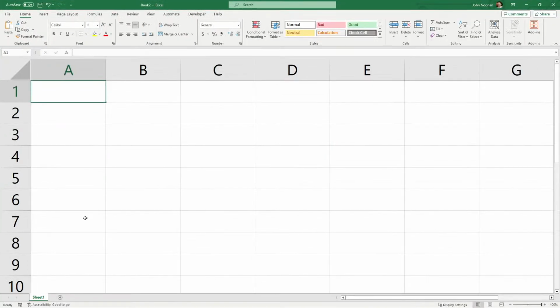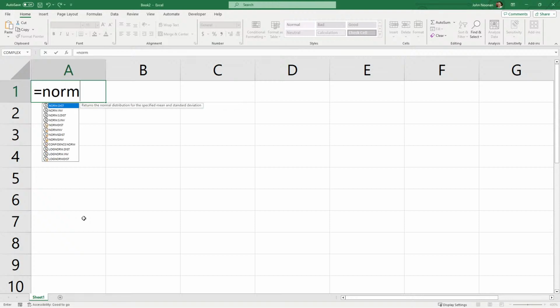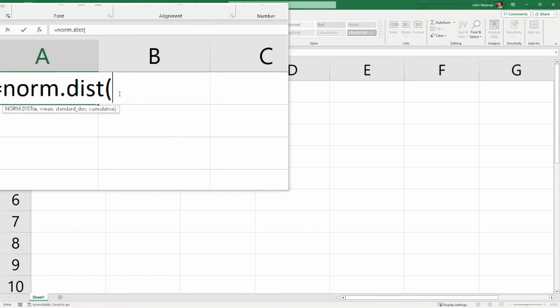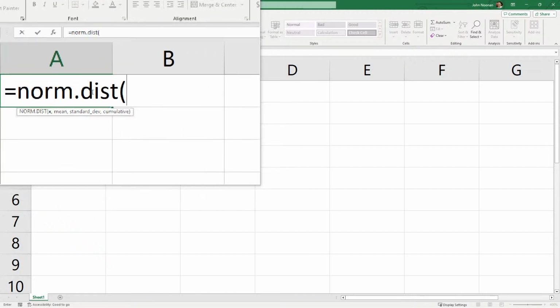Okay, so if you're using Excel, norm.dist is the function. Let me just make this a little bigger for you. So norm.dist, and then in parentheses, we put the number we're interested in, 31.95.